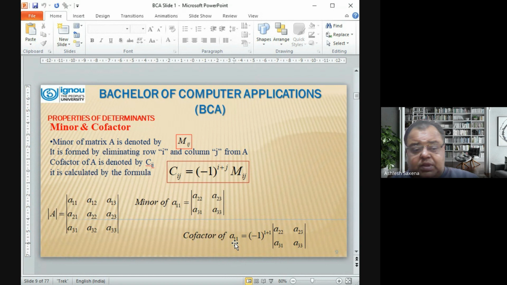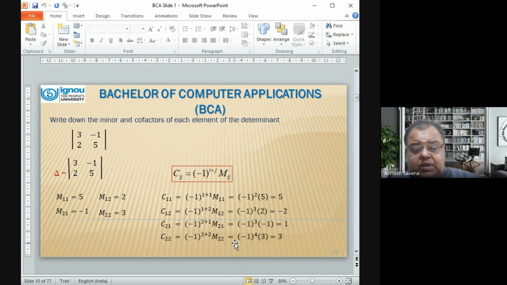Now, here it comes. See, I have taken a 2 by 2 matrix and I will be calculating all the cofactors and minors.